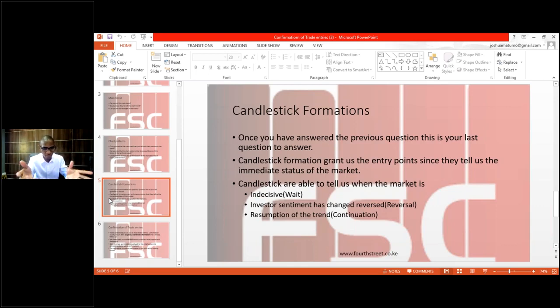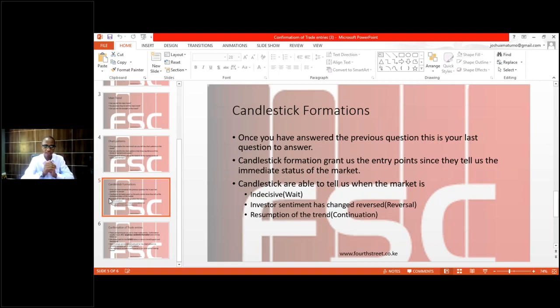Of course, we have different types of candlesticks and how we interpret them and the information they tell us about the markets. And we have indecisive candlesticks. These are candlesticks that simply inform us that it's not time to pull the trigger. It's not time to open a trade.